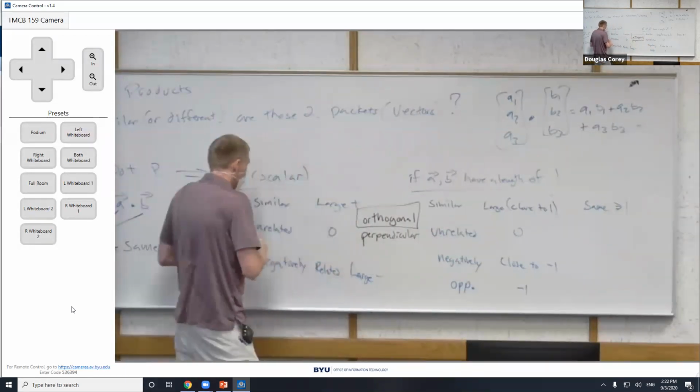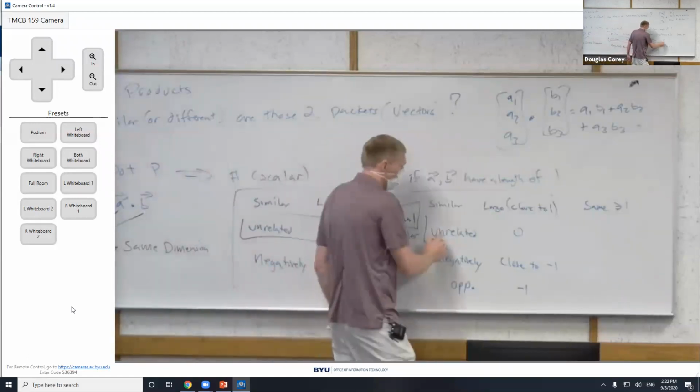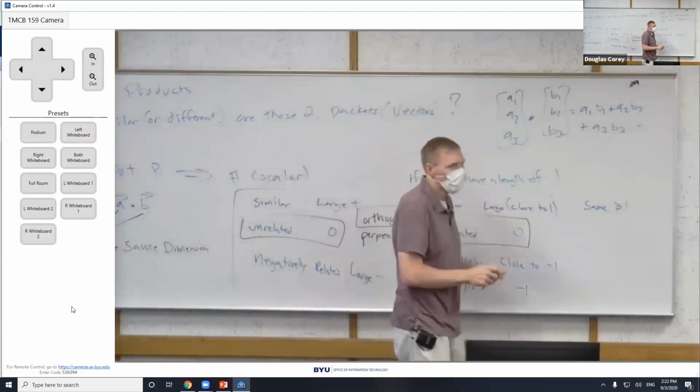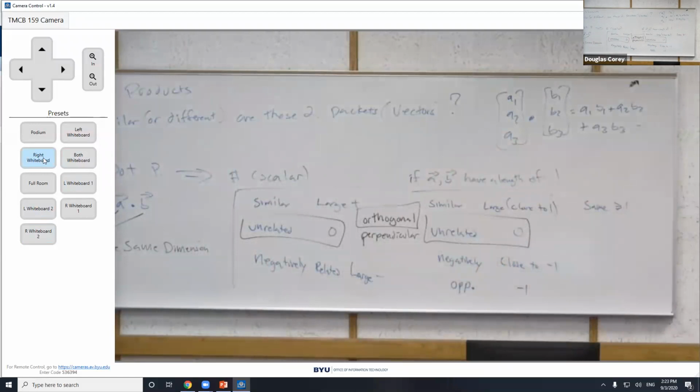This idea that the dot product gets you 0 if things are perpendicular or unrelated, you have actually already been working with. It's just been hidden.